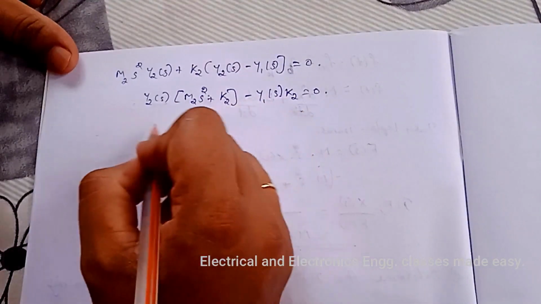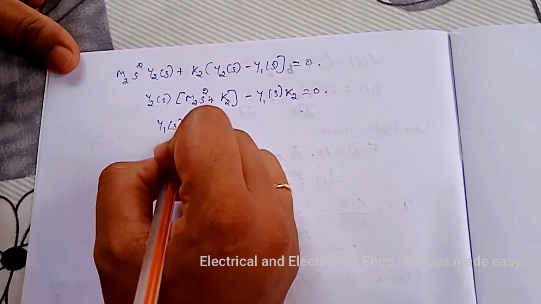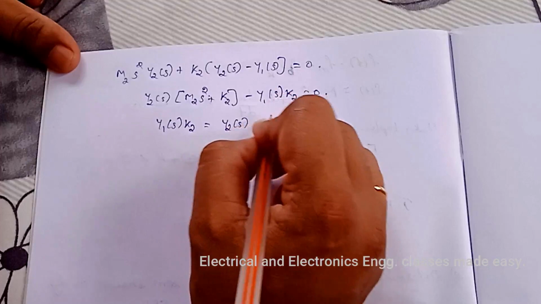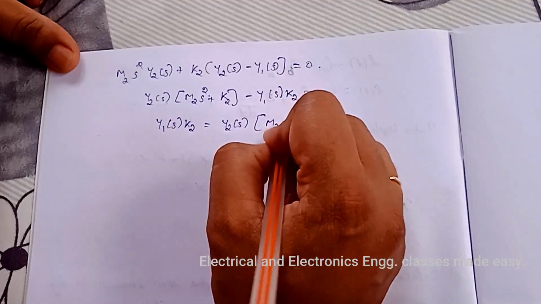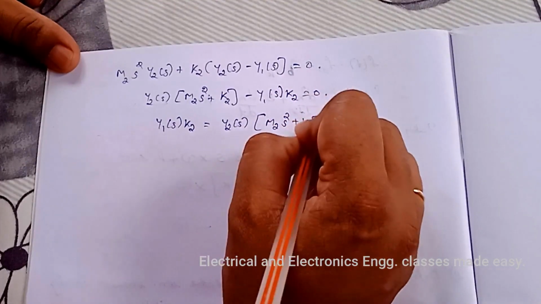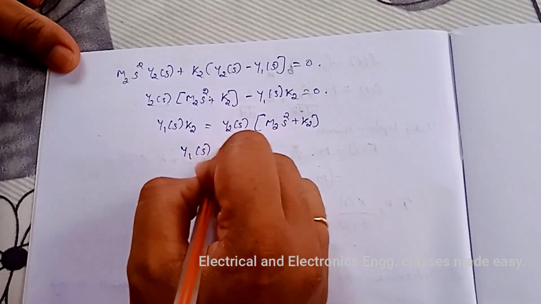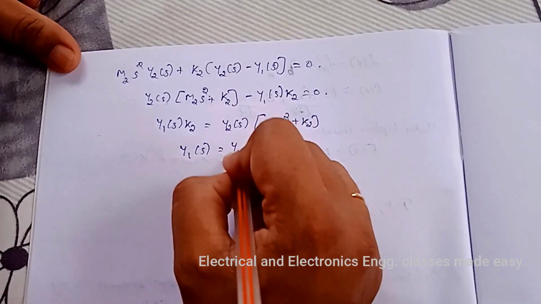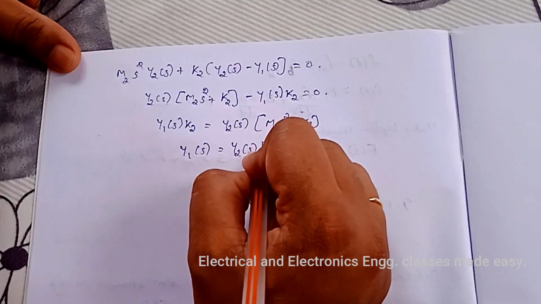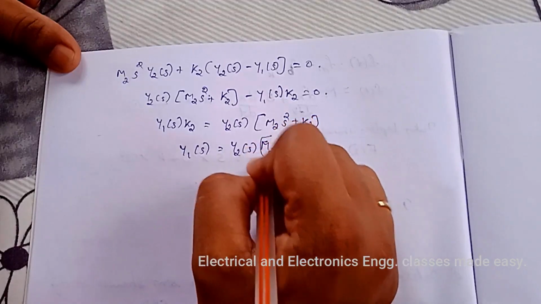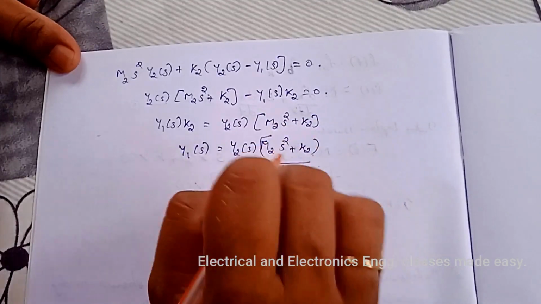So we can write Y1(s) into k2 equal to Y2(s) into m2 s square plus k2, that is Y1(s) equal to Y2(s) into m2 s square plus k2 divided by k2.